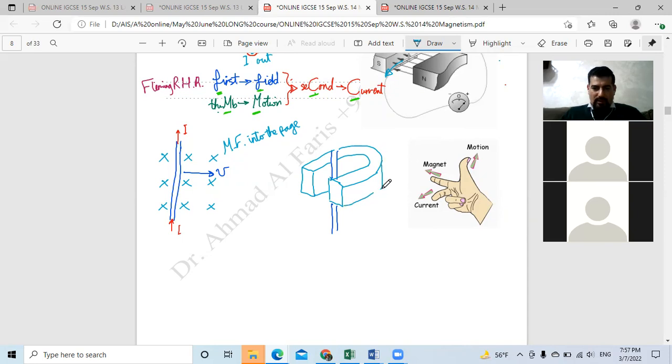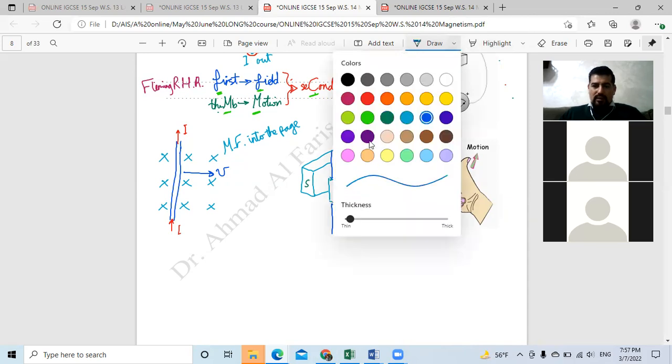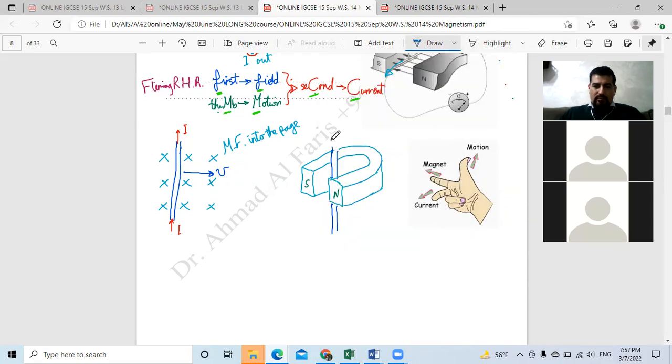Yes, this is a horseshoe magnet. And this is the north. And this is the south. And the wire, as I told you, is moving to where? It is moving to the right, into the horseshoe magnet.